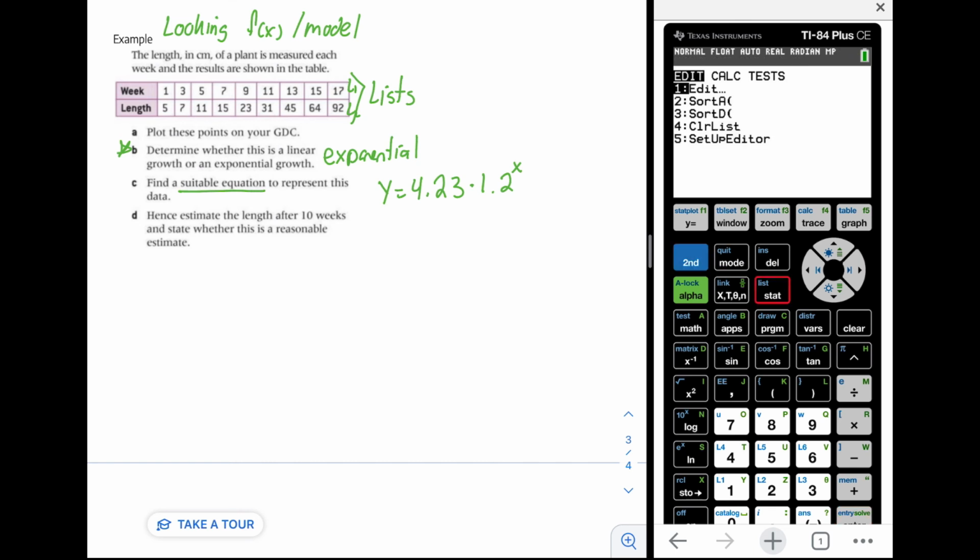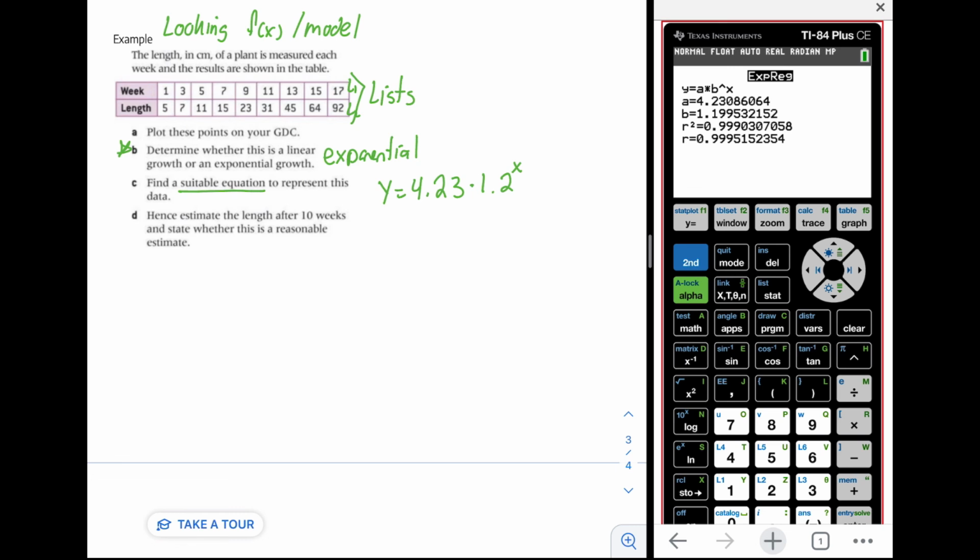And now you can repeat that calculation again. If I repeat my exponential regression, now I get an r² value. The r² value tells you if it's a good estimate of your curve. So 0.999, that's super close to 1. So that means it's a very good approximation of my curve.